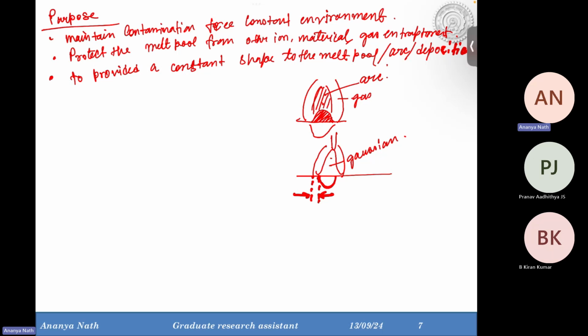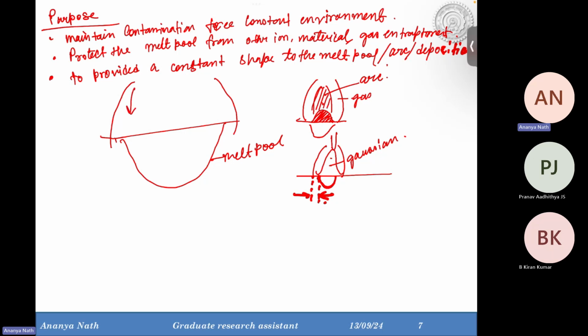If some gas is coming with a very high velocity, this is the melt pool, and this gas is coming like this. It may happen that the gas with high pressure will just penetrate inside the melt pool, because the gas flow rate is very high, a very high gas flow rate we are talking about.